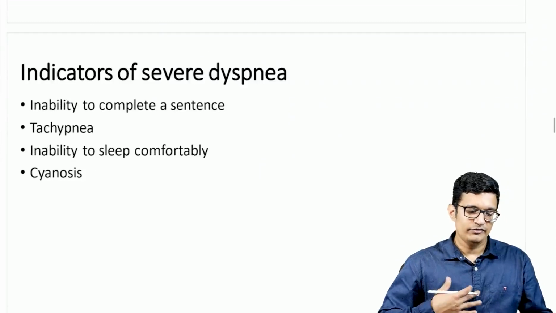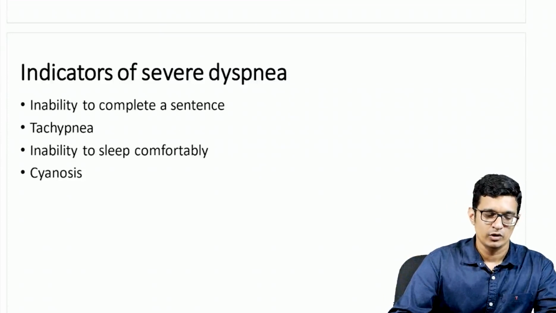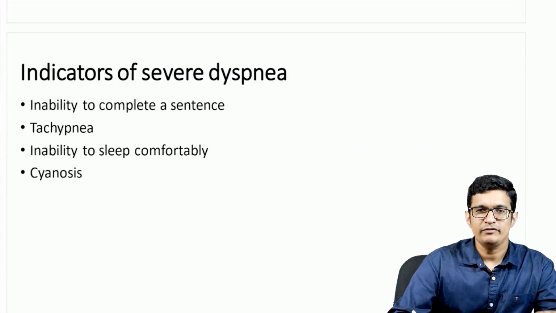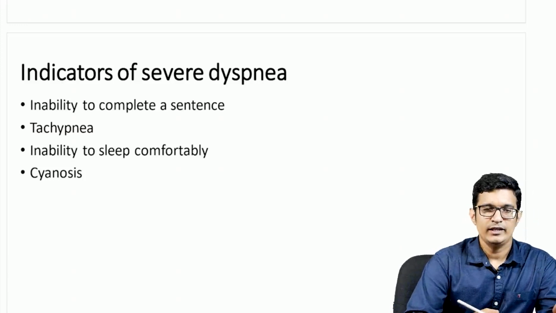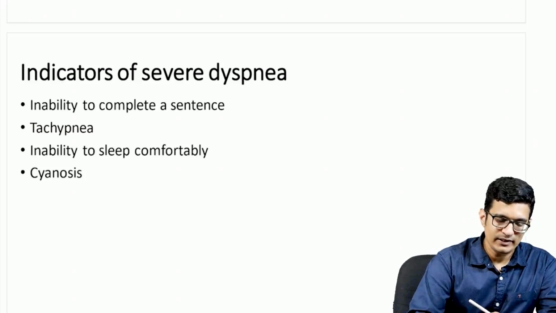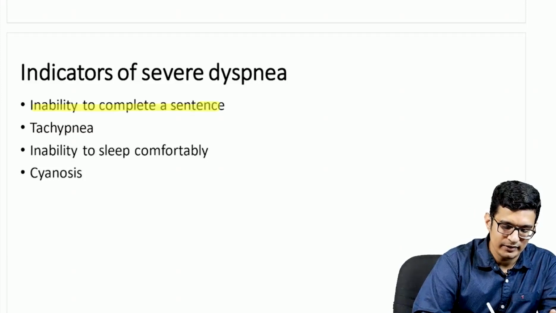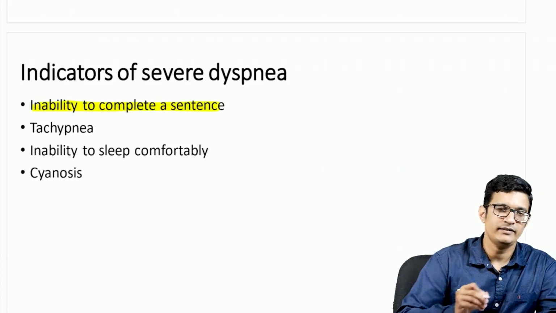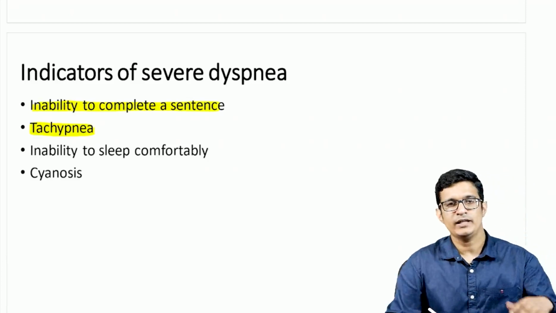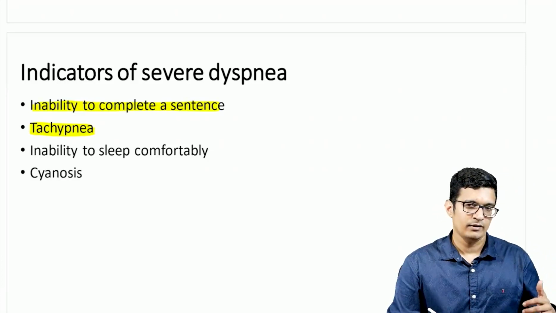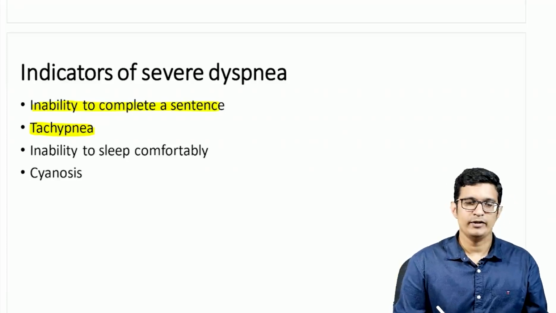And we have a few indicators of severe dyspnea. So if the examiner asks you, what are the indicators of severe breathlessness, then you will have to say the following: inability of a patient to complete a single sentence. If a patient is not able to speak a complete sentence without having breathlessness, that indicates severe breathlessness. And if the patient is already having tachypnea, an increased rate of breathing in sync with the breathlessness, then the patient is said to have severe breathlessness.